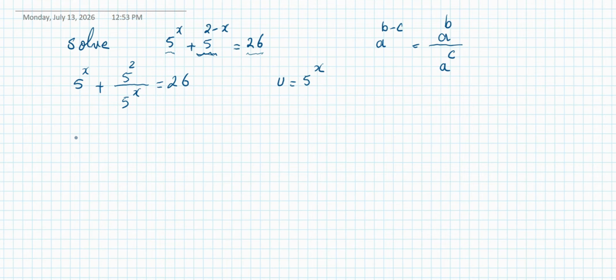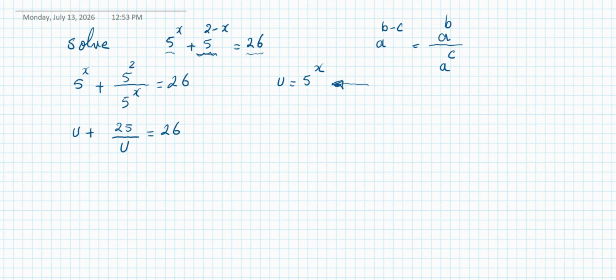So here we have u plus 25 over u equal to 26. And then, because u is not 0 from this equation here, we find that u is not 0.